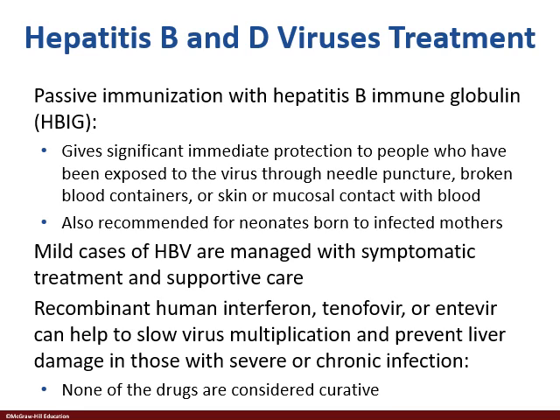If you have been exposed and you test positive, what you will do for the patient is passive immunization. Basically, that means you're going to inject into the patient antibodies, hepatitis B immunoglobulins from another patient who was either vaccinated or had the disease.